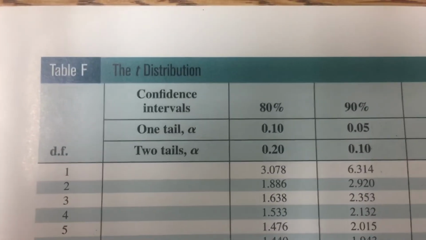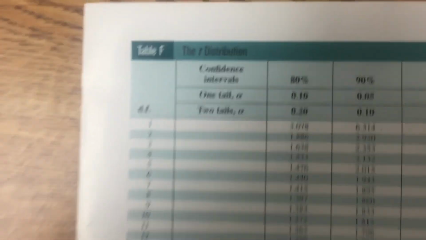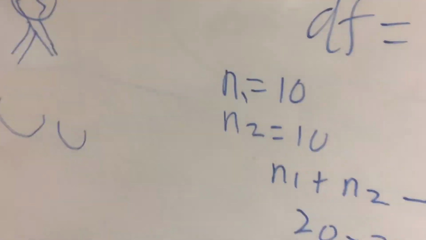What I have to do with the 18 degrees of freedom is come to a chart, and the chart that I'm going to use is a t chart. This one's a z chart, so I have to find my t distribution. Right there it says t distribution. I also have to look at alpha.